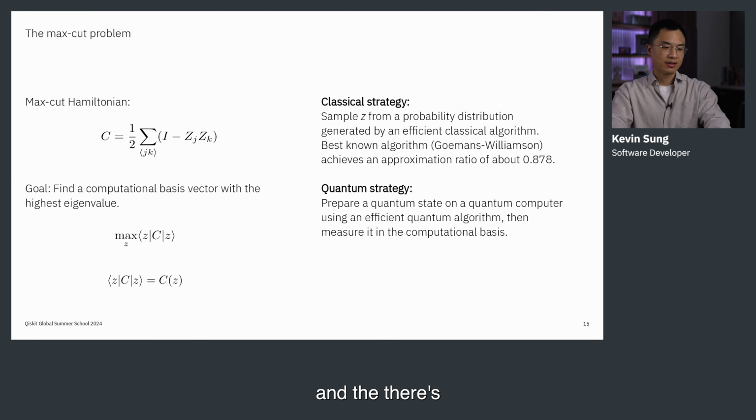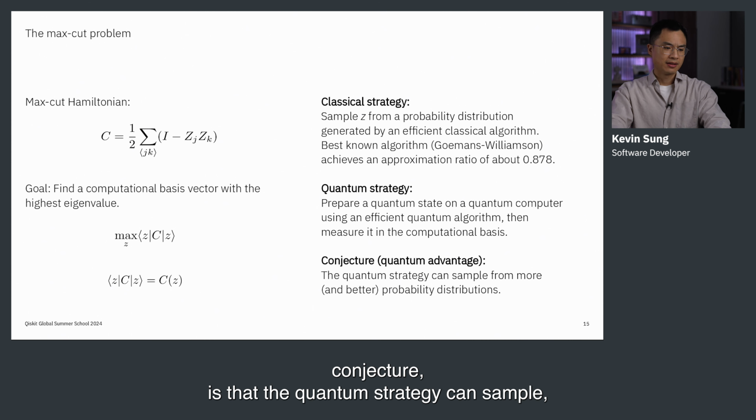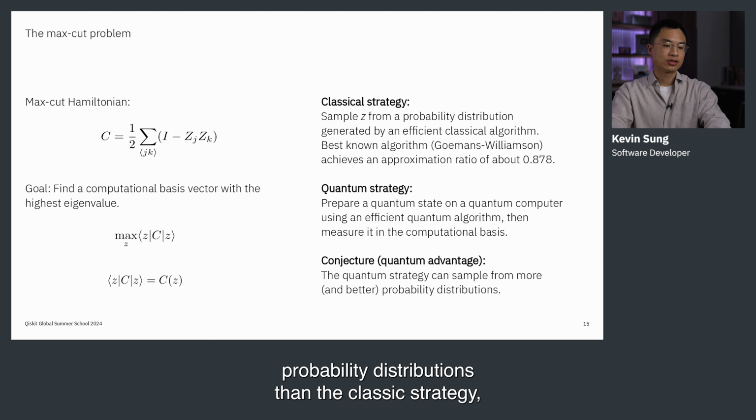And there's a crucial conjecture here, which is kind of underlying the field of quantum computing, which we can call the quantum advantage conjecture: that the quantum strategy can sample from more and better probability distributions than the classical strategy, which is to say that the quantum strategy can actually give you better solutions than the classical strategy, or solutions faster.